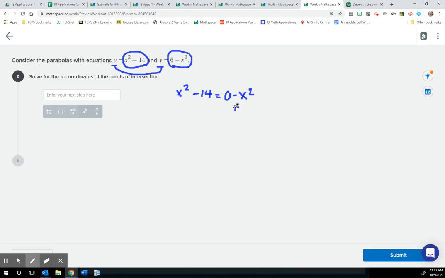So I'm going to bring 1x squared to the other side. I'm going to choose to add x squared to both sides. So I'll have 2x squared minus 14 equals 6. I could have done it in that step, or in this step, I'll add 14. So I have 2x squared equaling 20, dividing both sides by 2.